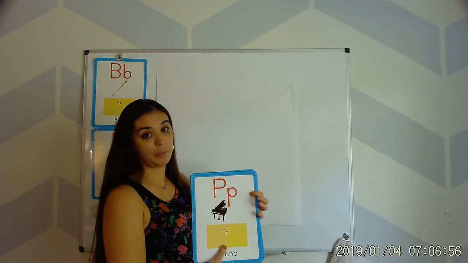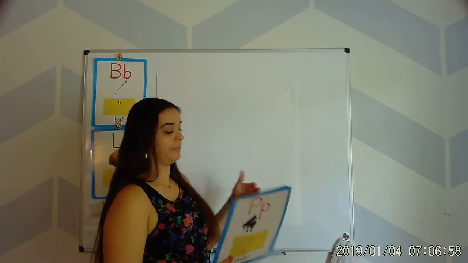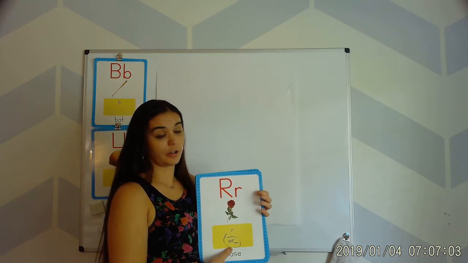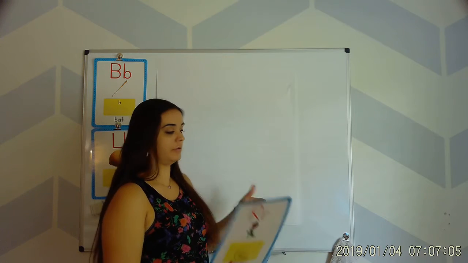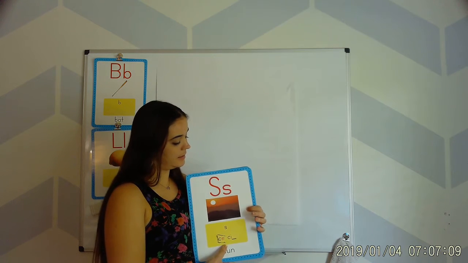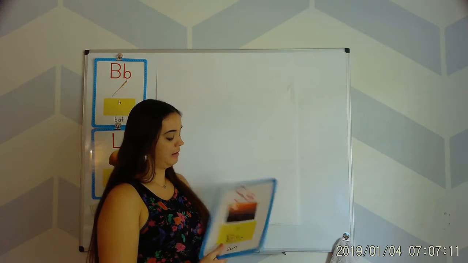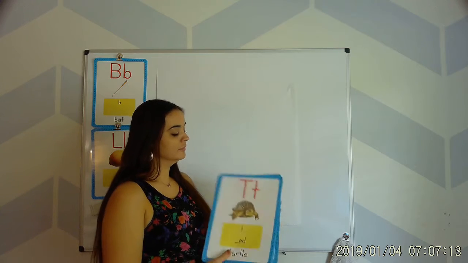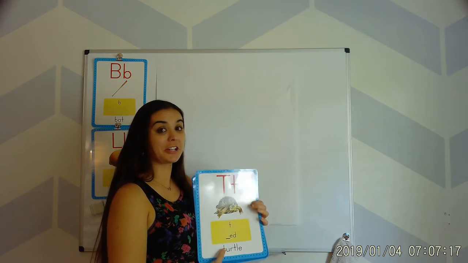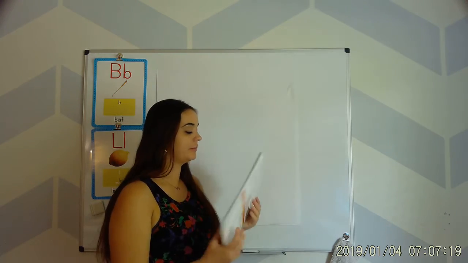P says puh, like piano. R says rr, like rose. S says ss, like sun. T says tuh, like turtle.